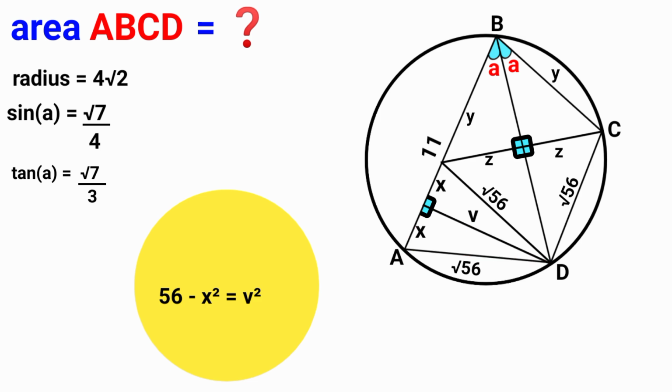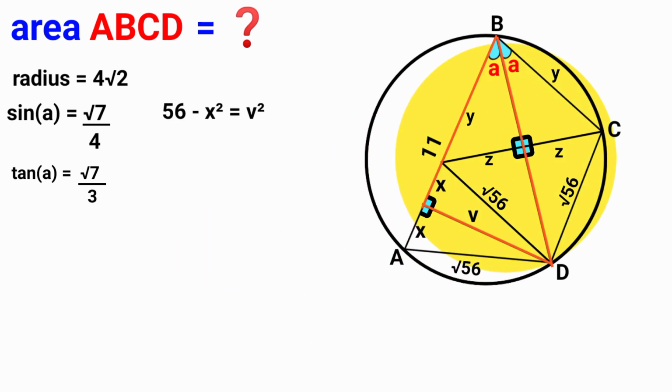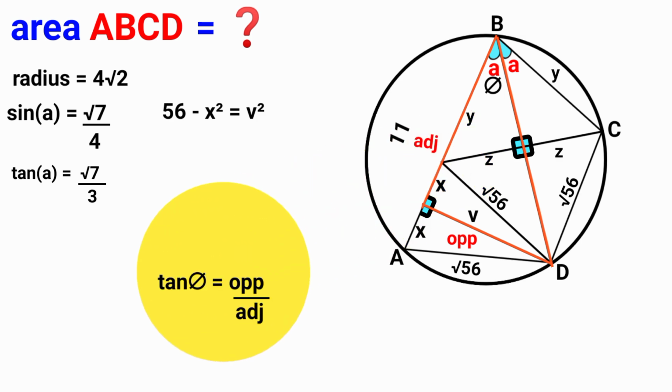We keep it aside. Now look at this triangle. Since it is a right angle triangle, we can use SOHCAHTOA. Taking this angle as theta, this is the opposite, this is the adjacent. We know tan theta equal to opposite over adjacent.